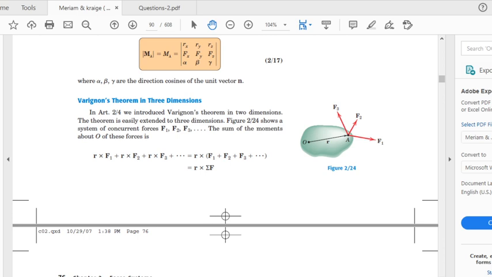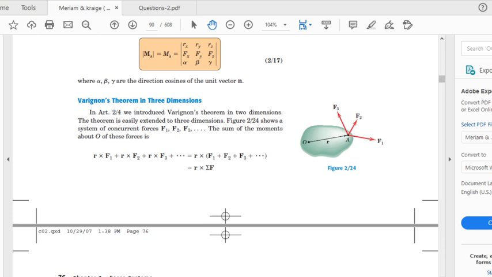If M1, M2, M3 are the moments produced by F1, F2 and F3, then M1 plus M2 plus M3 will be equal to the moment produced by their resultant, that is r bar cross summation F. So that is Varignon's theorem in 3 dimensions.